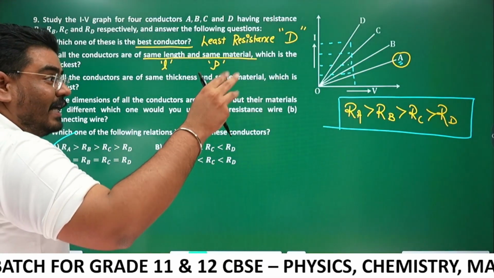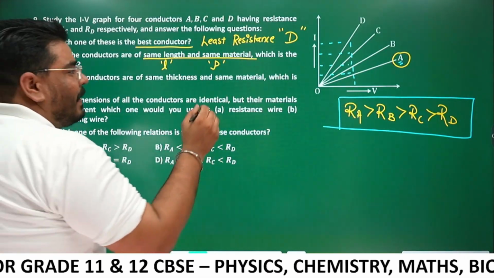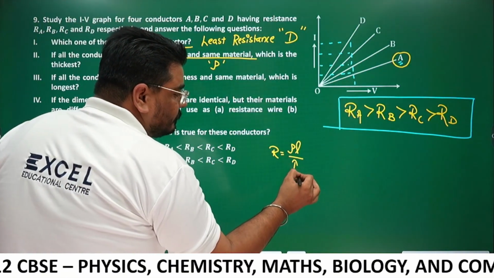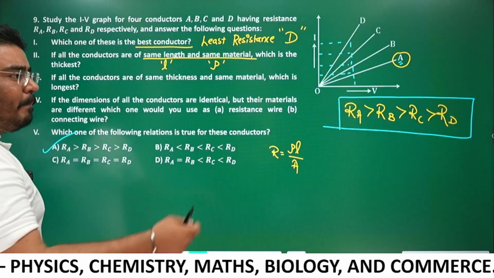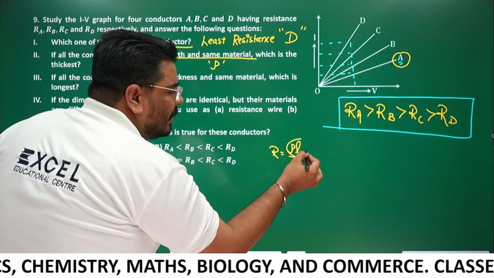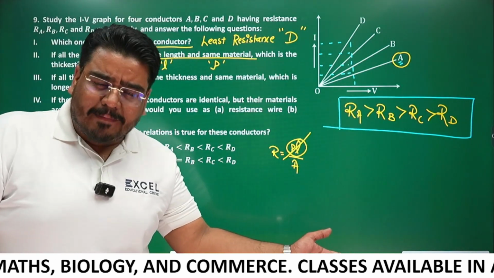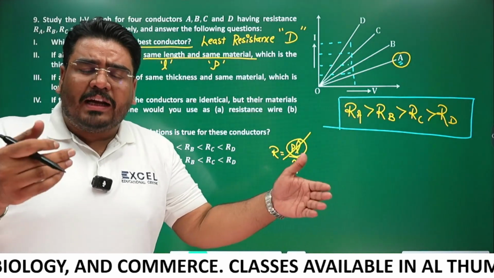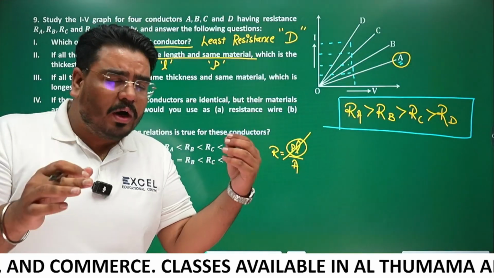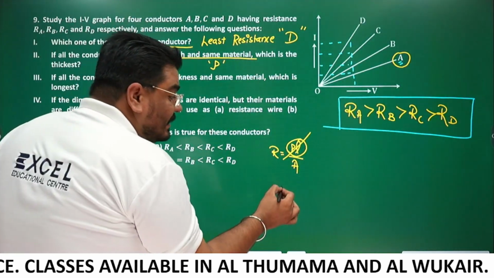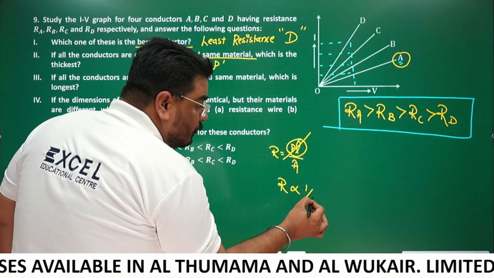Area. So if I see R is equal to rho L by A, when I compare them, rho L I will not even look at, because it is same for all the 4. So resistance and area we need to focus on.